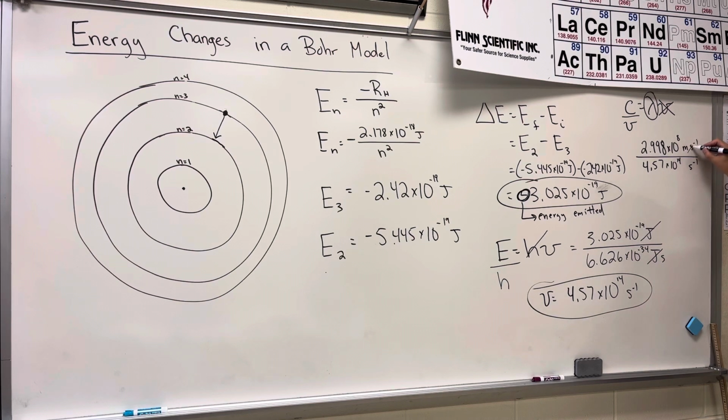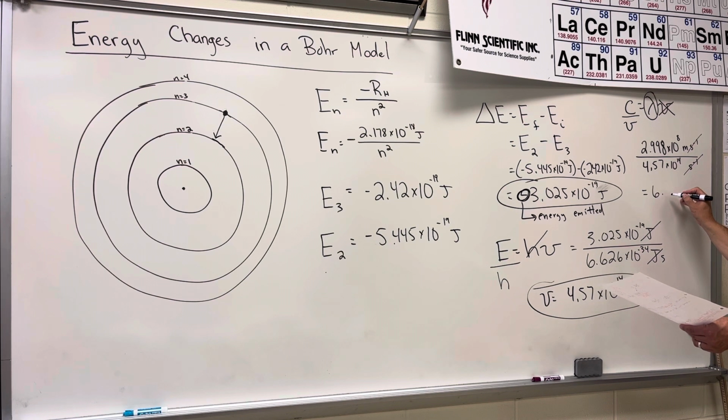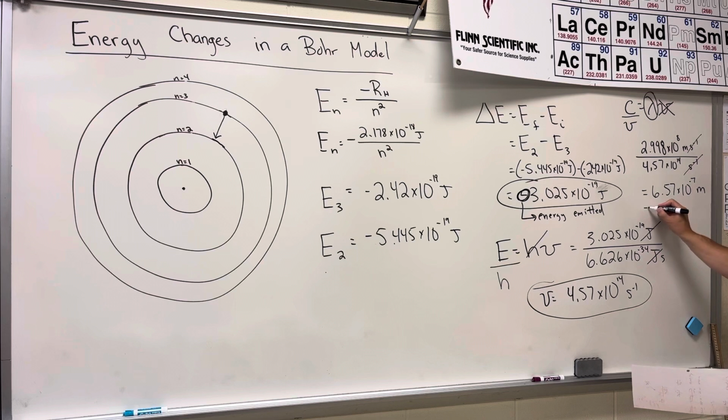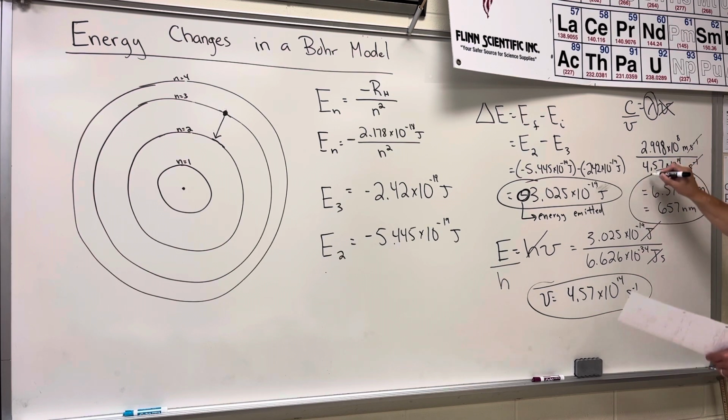And as you can see, the per seconds are going to cancel out, and I'm going to be left with the wavelength of 6.57 times 10 to the negative 7 meters. And if I were to convert that, that would be 657 nanometers for my wavelength, okay?